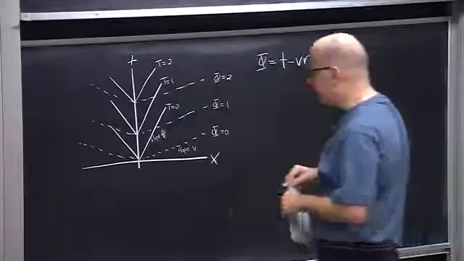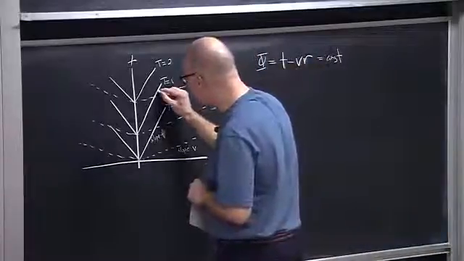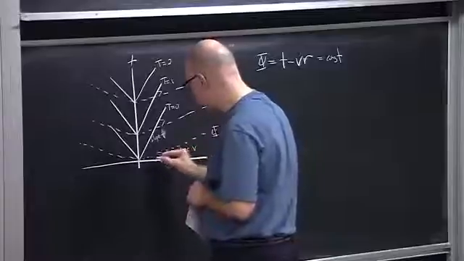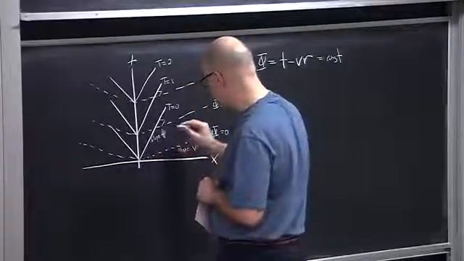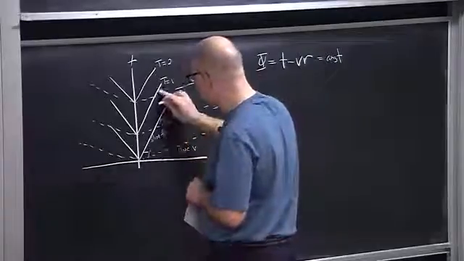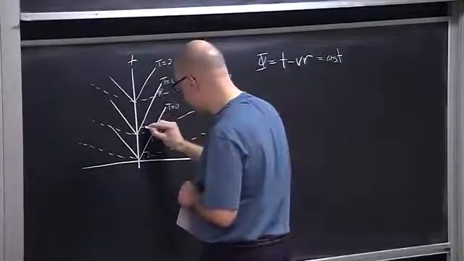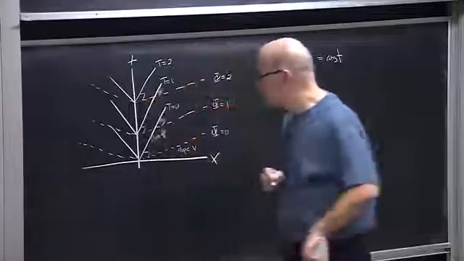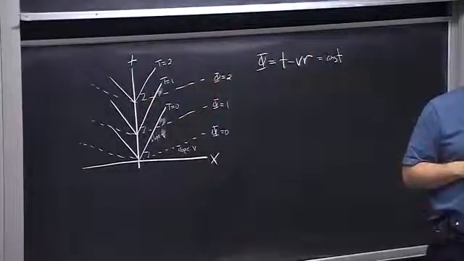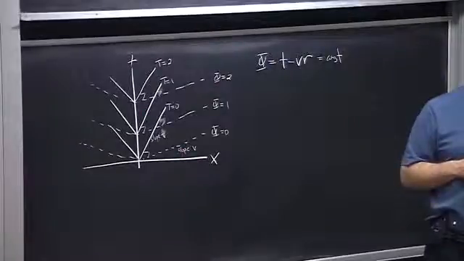It doesn't look like it, but in a space-time diagram, those two lines are orthogonal to each other. This and that, this and that, and this and that. So it doesn't look orthogonal on the diagram, and that's the benefit of having a minus sign in the metric.